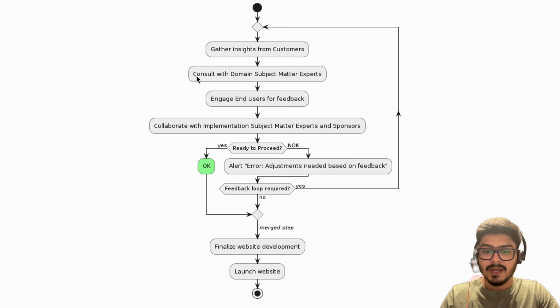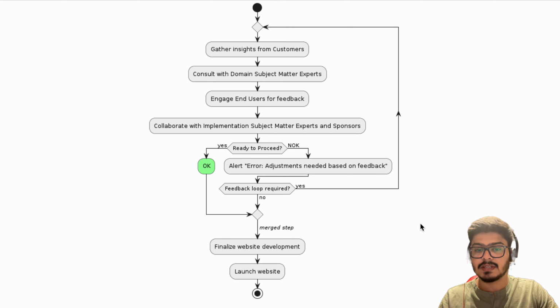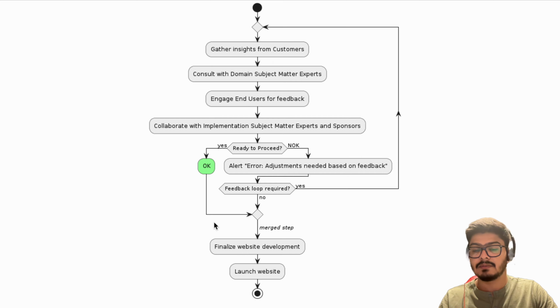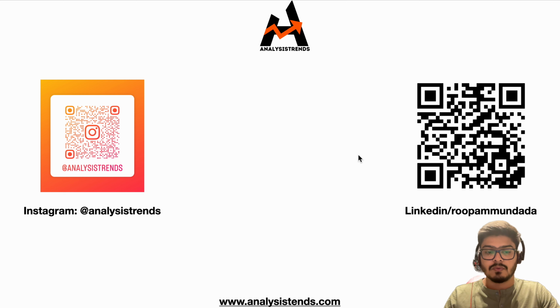Okay, so this is the best way you can understand the conducting elicitation activity. The main purpose is to get the information ready in order to move the project from the requirement stage to actually finalizing the website development plan or going to the next step of development, right?